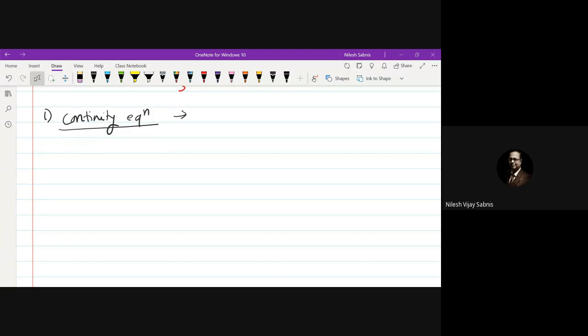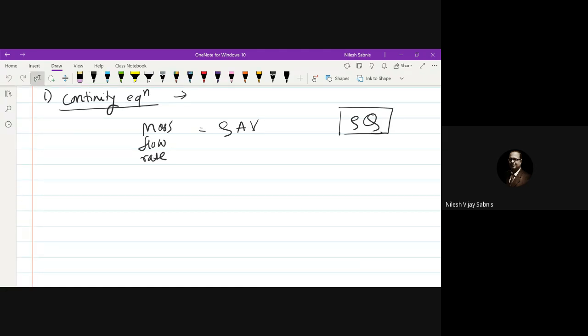For one-dimensional steady flow, mass flow per second is rho into A into V, which is nothing but mass flow rate. Rho is the density, A is the cross-section area, V is the velocity. As mass per second is constant, rho AV is constant.